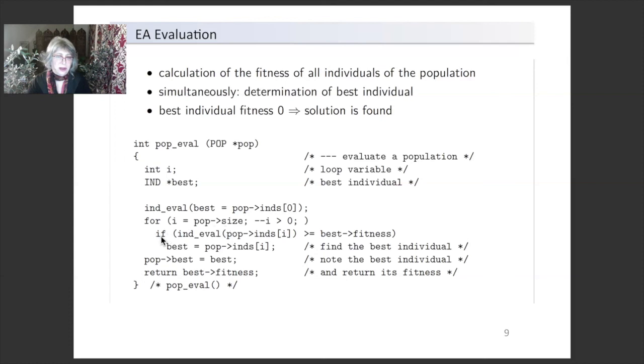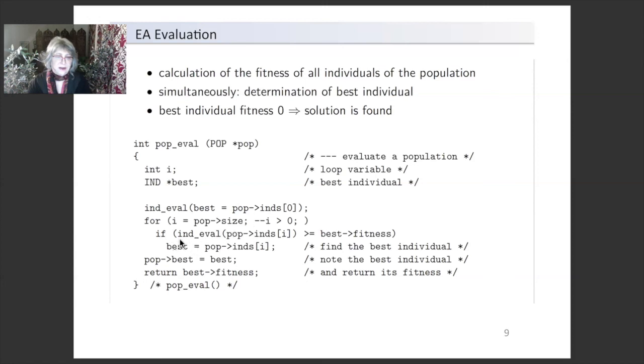In the loop, we are checking if the individual evaluation of the individual at location I results in a value greater than or equal to the fitness of the best individual. That means that this is our new best.